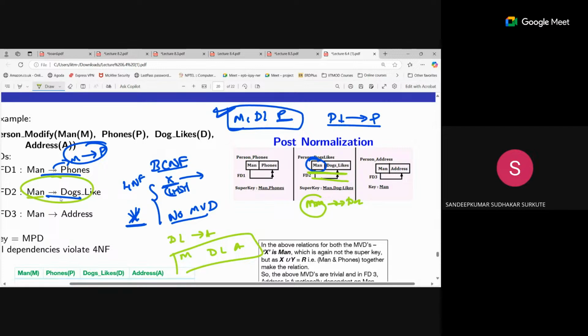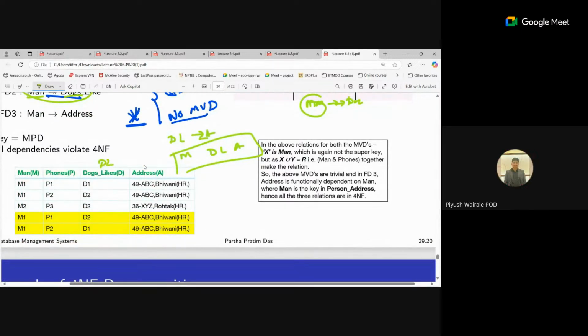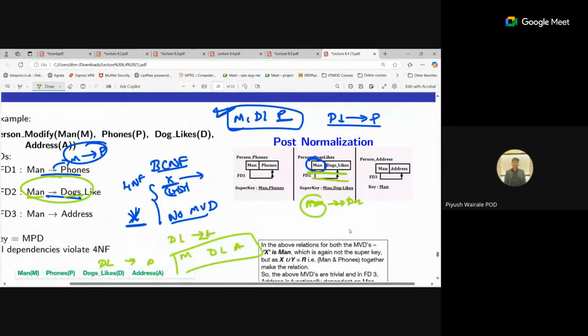Because dog likes determines A, for every dog there will be a unique A. If we add DLA here, so for D1 only one unique address should be there, right? M will not be the key because of two M1. How are we finding the key here? We are not considering MVD for finding the key. We only consider functional dependencies to find the key.